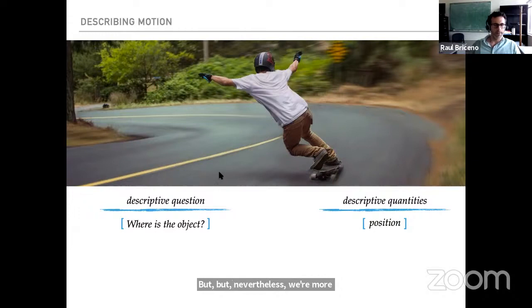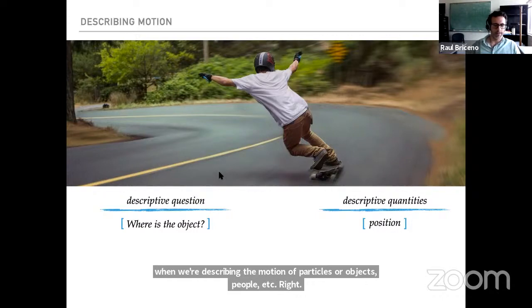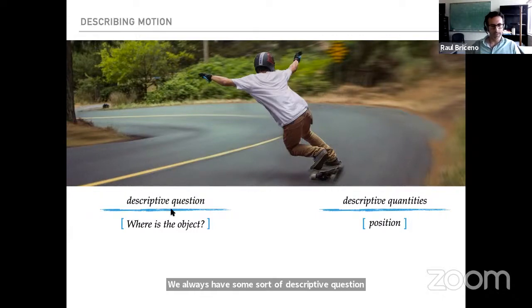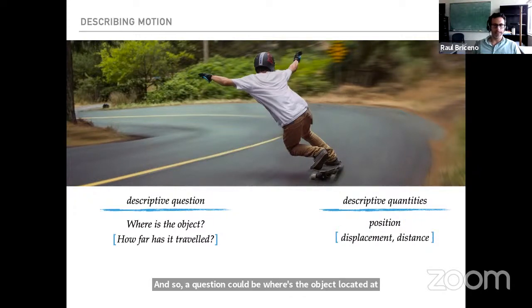But when we're describing the motion of particles or objects, people, etc., we always have some sort of descriptive question in mind and a descriptive quantity that quantifies that answer. And so a question could be, where is the object located? And the answer that we would be seeking would be in the form of a position, right?